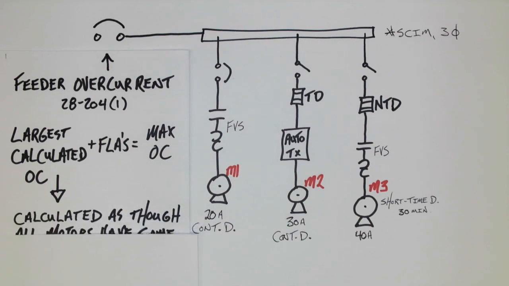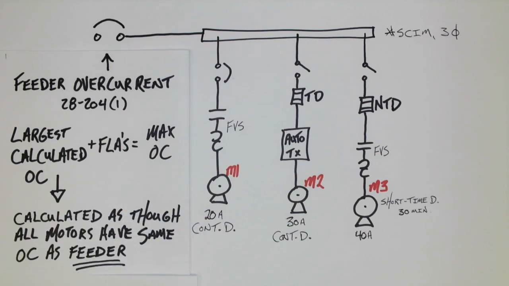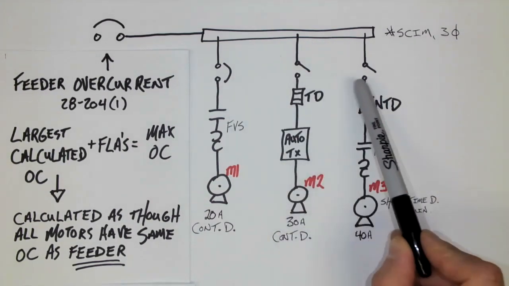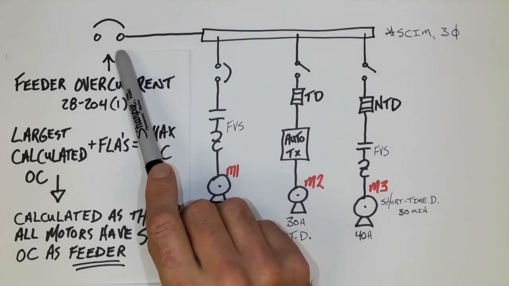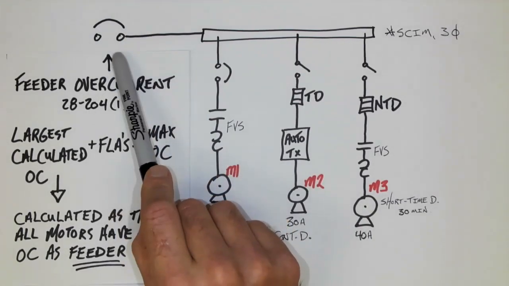However, what's odd about this is that we need to calculate the largest OC as though all motors have the same OC type as the feeder. Now remember, depending on what type of overcurrent we have, we might get different multipliers from table 29. The feeder in this situation is an overcurrent that is a breaker.